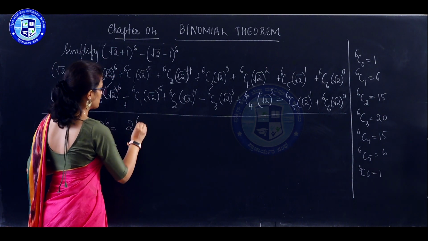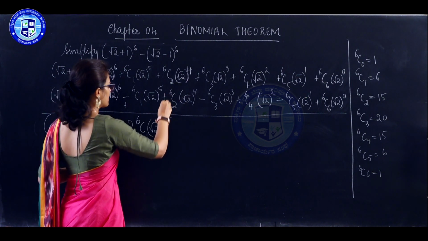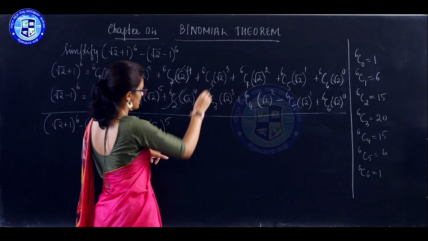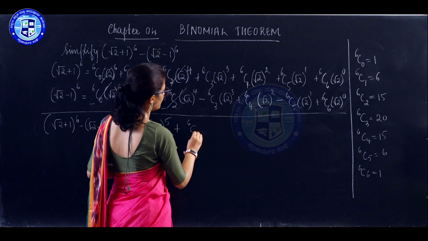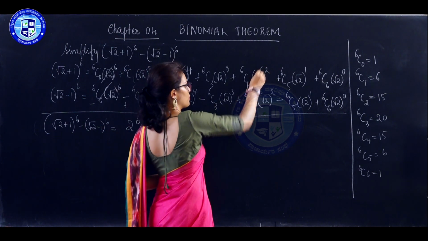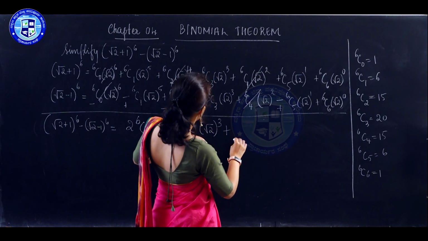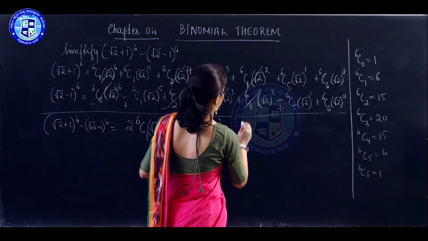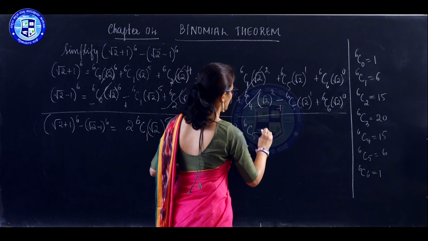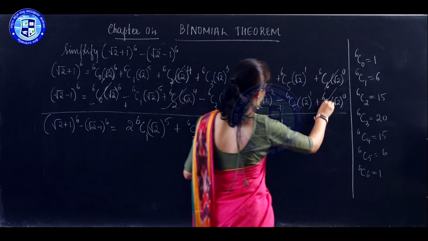So, you will get 2 times 6C1 root 2 to the power 5. Next term will cancel. Next term you will get plus 2 times 6C3 root 2 to the power 3. Next term will cancel. Here you will get plus 2 times 6C5 root 2 to the power 1, and the last term will cancel out.